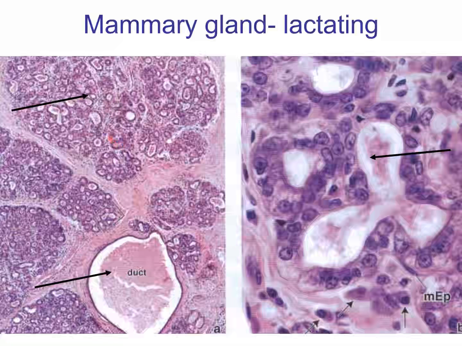There are lots of alveoli, and in the loose connective tissue, there are lots of cells. These are the plasma cells which secrete IgA in the secretions, and there is acinar arrangement. In some of the acini, you can see the secretions.